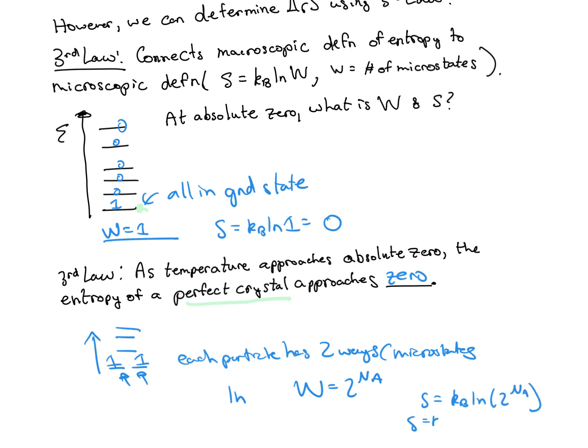S is equal to kB NA ln 2, which is R ln 2. So for a substance like this, where we have two possible ground states, we have some leftover entropy at 0 Kelvin. But most substances are this sort of perfect crystal, where each particle has only one ground state, and we get 0 entropy at 0 Kelvin.